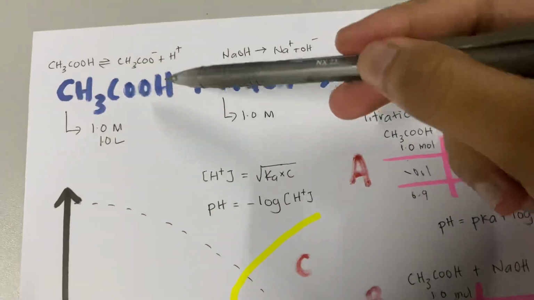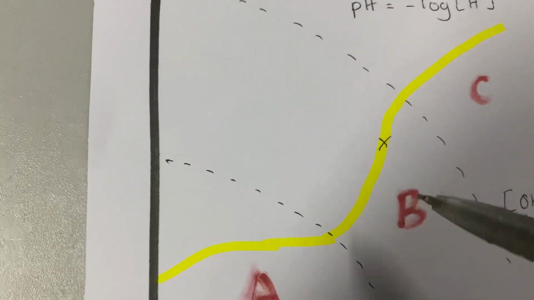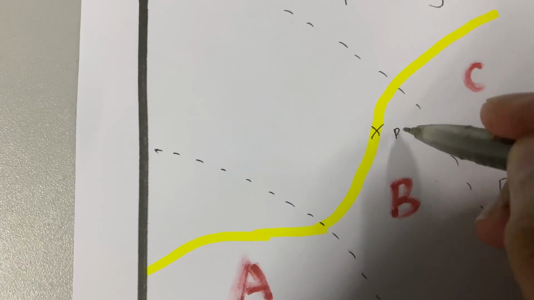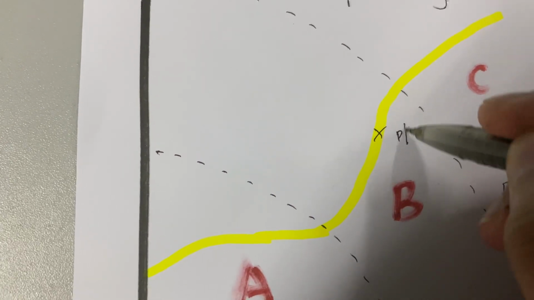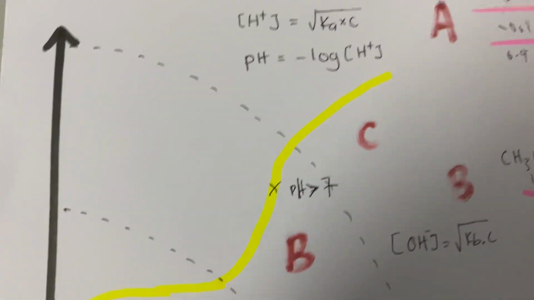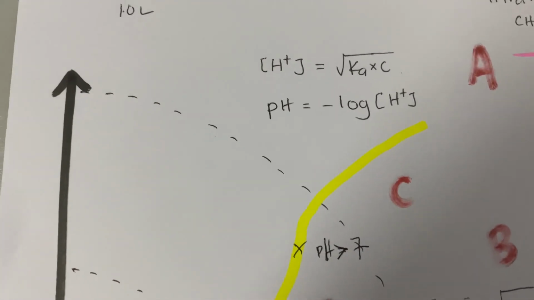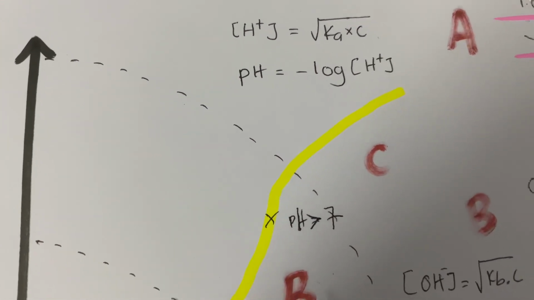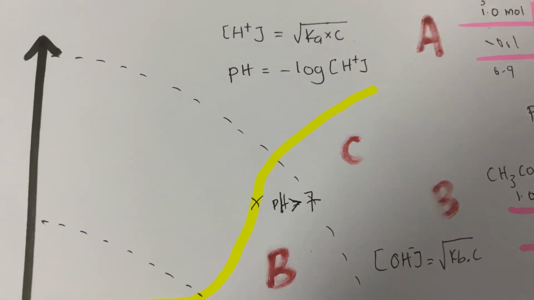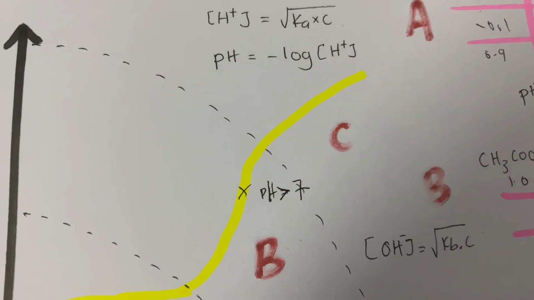Because this is the titration between weak acid and strong base, the equivalent point will be pH more than 7, meaning that the equivalent point will be basic. Why is the pH more than 7?